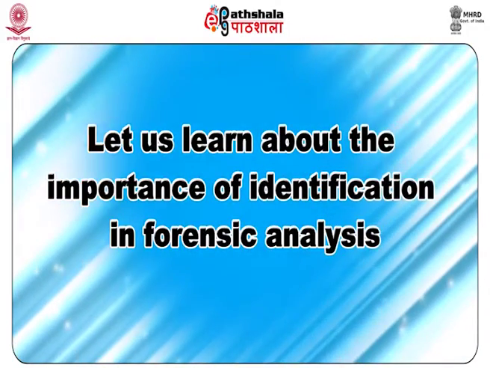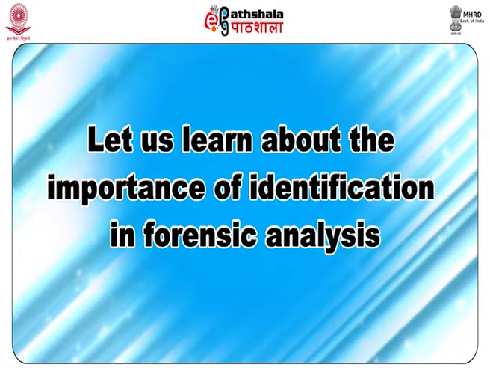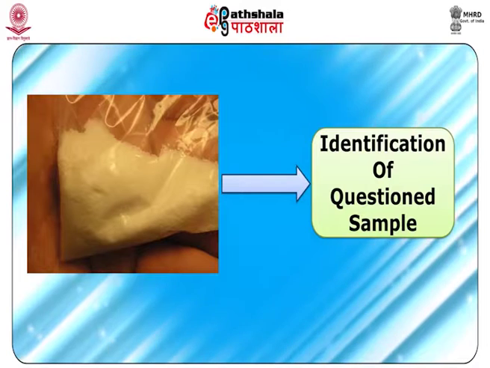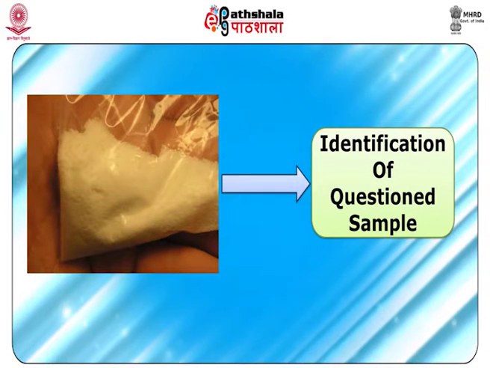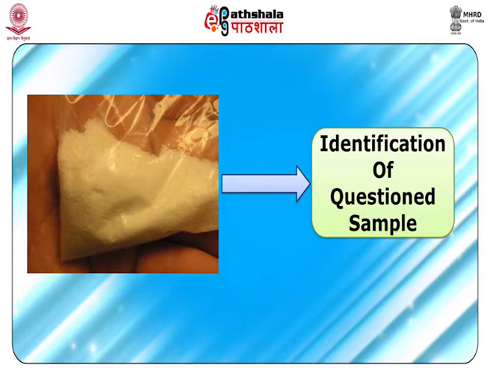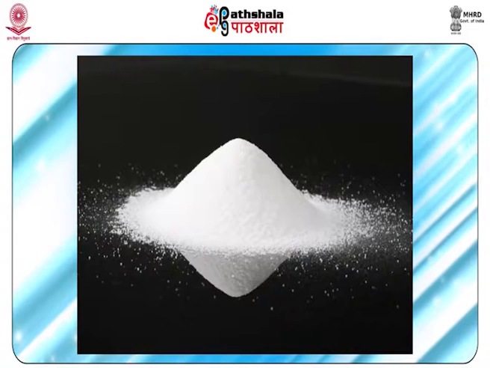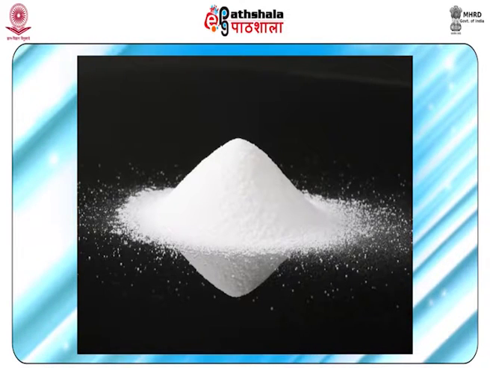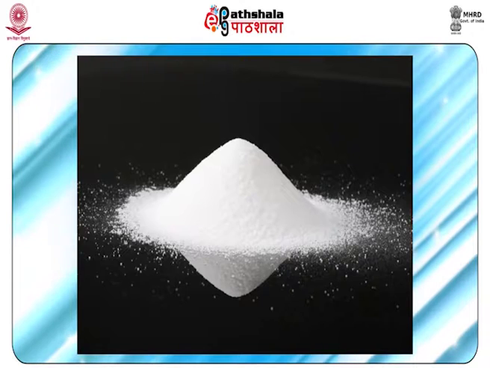Let us learn about the importance of identification in forensic analysis. When a questioned sample is submitted to a crime laboratory for analysis, the first task is identification. For example, if a white powder is submitted for analysis, the primary objective will be to determine its identity.